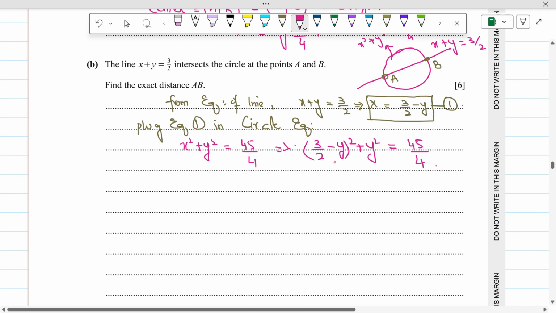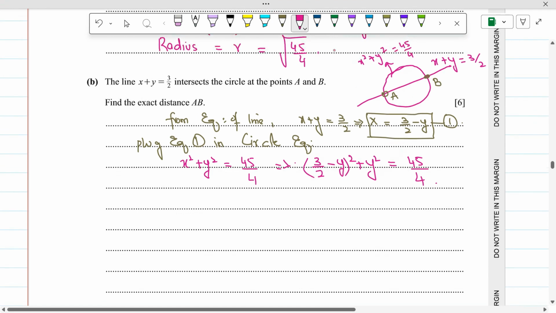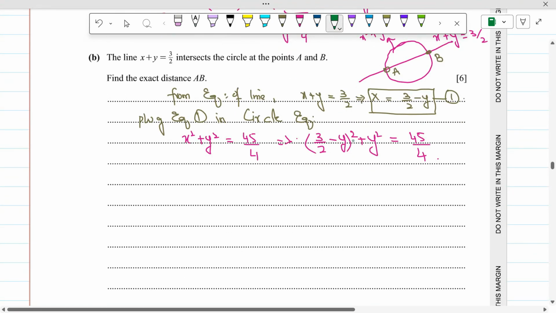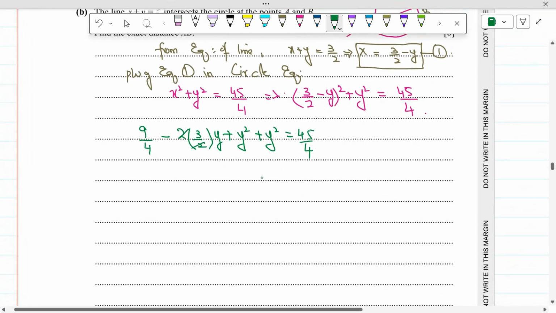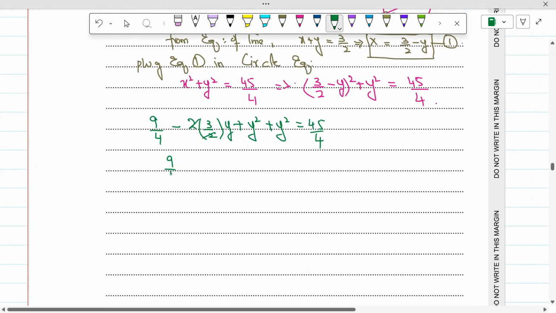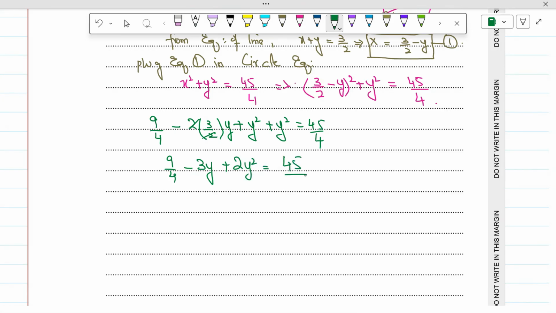Solving this equation, we will have the y coordinates of the intersecting points. So apply the (a minus b) whole squared formula. We will have 9 over 4 minus 2 times 3 over 2 y plus y squared, plus y squared, equals 45 over 4. So we have 9 over 4 minus 3y plus 2y squared equals 45 over 4.